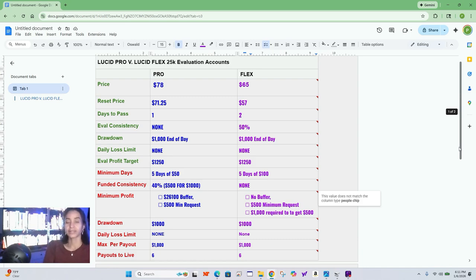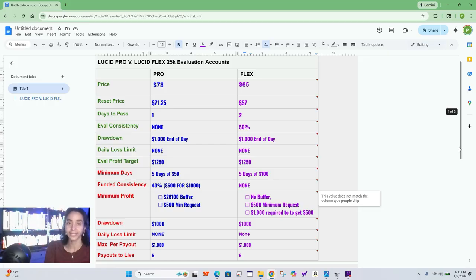But I like the fact that in the Flex account, there is no buffer per se, but you can just kind of focus on, you're still doing the same thing, but it's just what resonates with you. And for pretty much all the other accounts that I have, I do have a buffer. I do have a safety net.